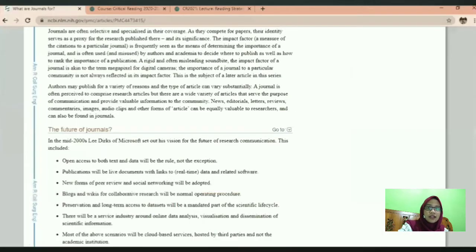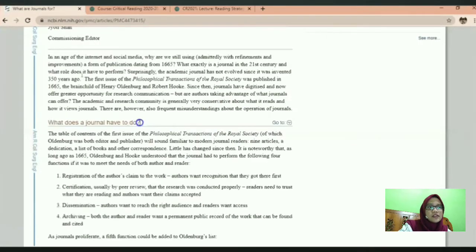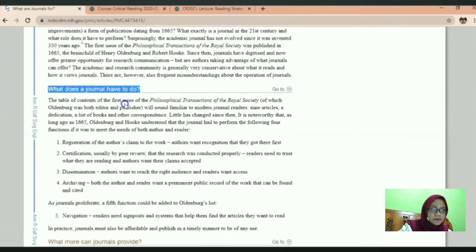So I will find my answer in the article and I will check the key headings to find my answer. I will check the first key heading, what does a journal have to do? And after taking a look at the first key heading, I got my answer.